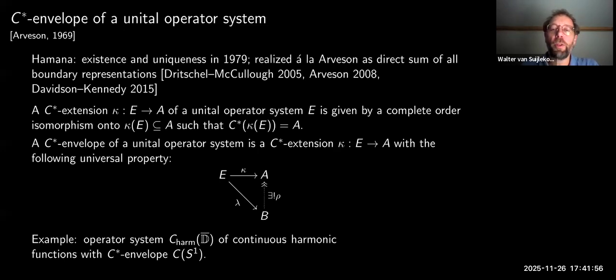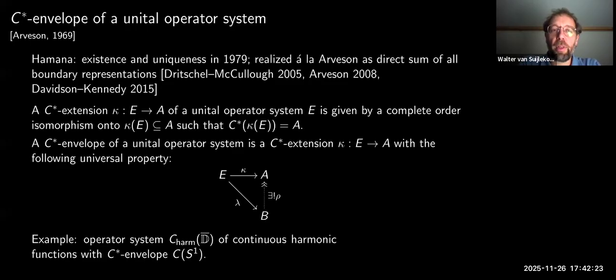So you know what you have from the boundary value. And it turns out that this Poisson kernel that you use to reconstruct the harmonic function from the boundary value is actually respecting the positivity. So that's actually an order isomorphism. So this is a case where you have the natural place to look for this operator system, but as a function system it is actually not the smallest.